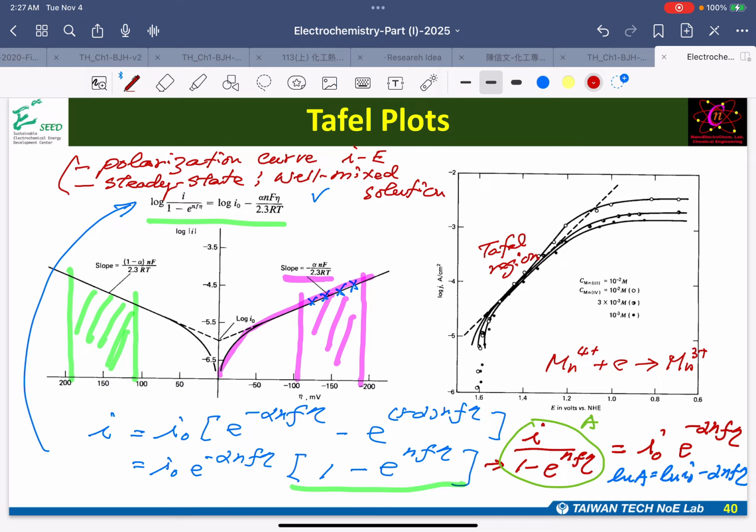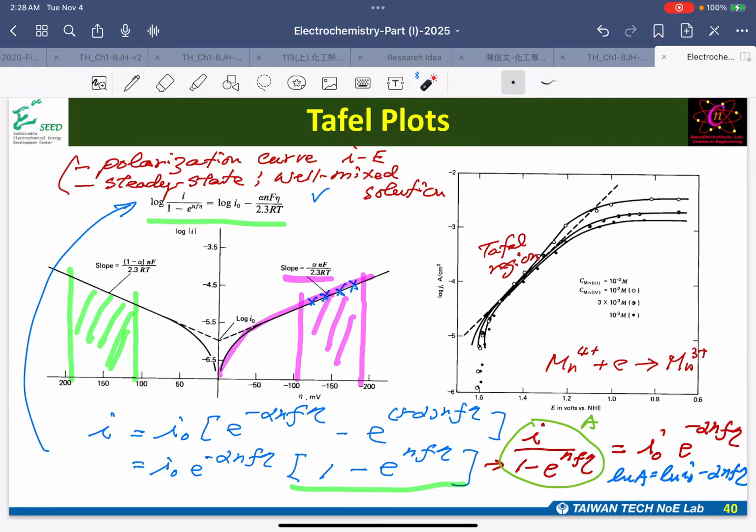After we introduce the electrochemical kinetics, we can derive the kinetic equation of electrochemical reaction, and we can simplify under kinetic control to this Butler-Volmer equation we mentioned last time.